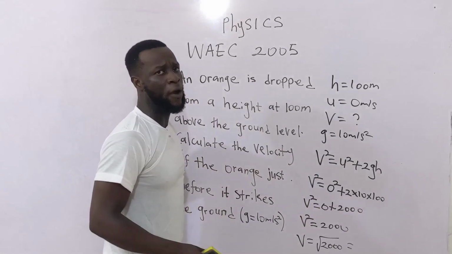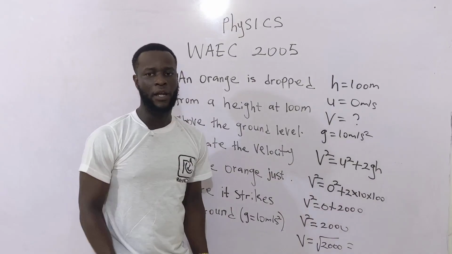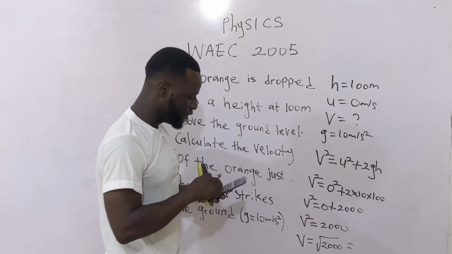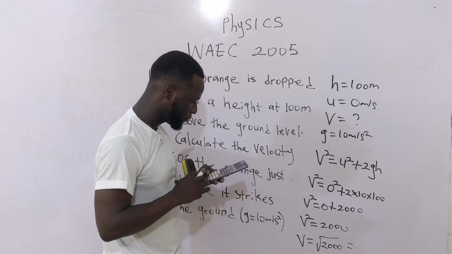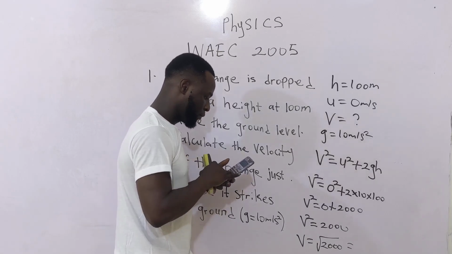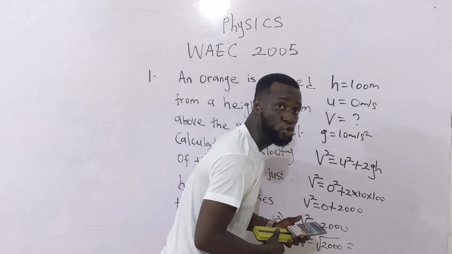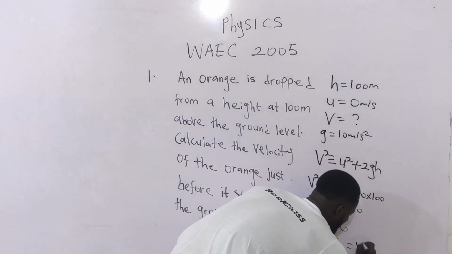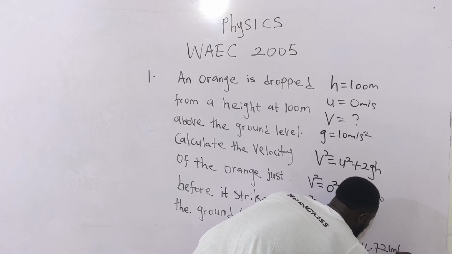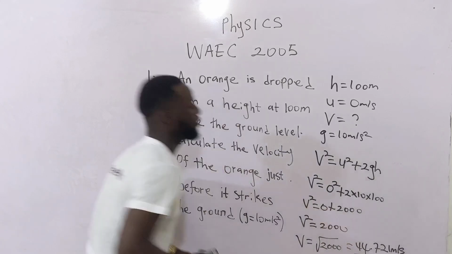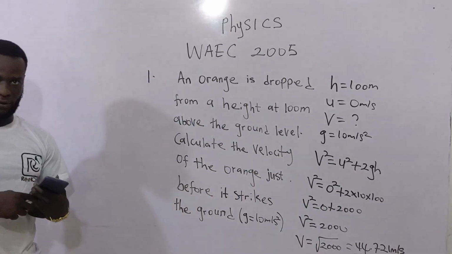If I take the square root of 2000, it is equal to 44.721 meters per second. This is the velocity of striking the ground.